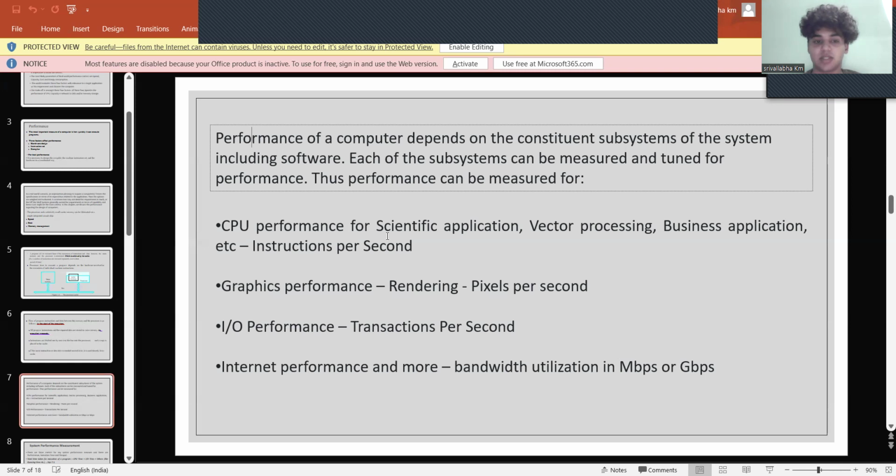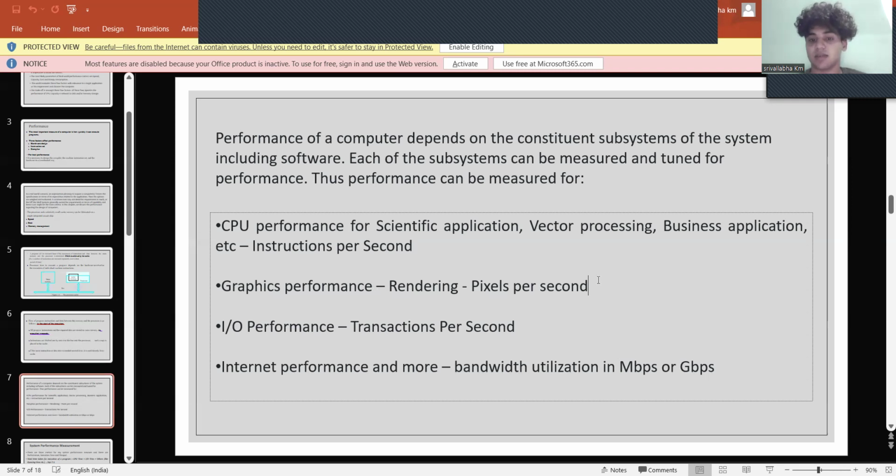There are four types: CPU performance, graphics, input output, and internet performance. For CPU, it is for scientific applications, vector processing, business applications, etc., and the number of instructions we give per second. For graphics, it is pixels per second rendering, like frames per second, FPS, mainly for gaming.